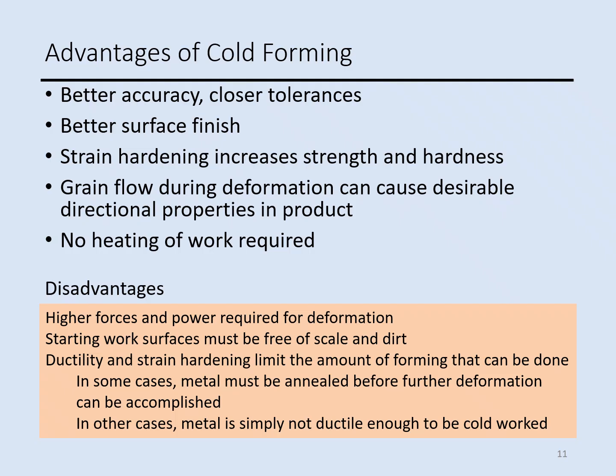Because we are performing the process at low temperature, strain hardening is going to be higher at room temperature. Because of that, the strength and hardness of the part are higher in the cold forming process.